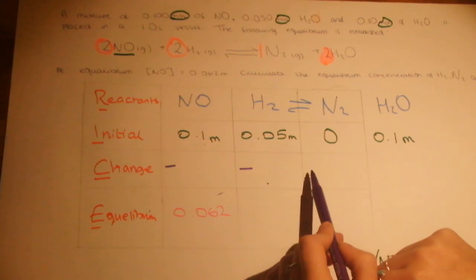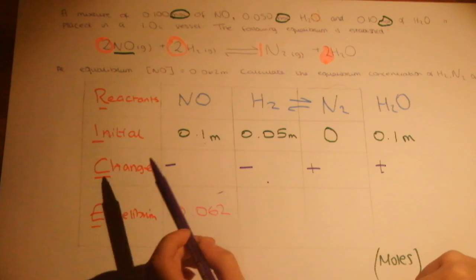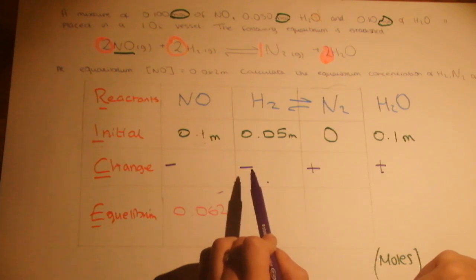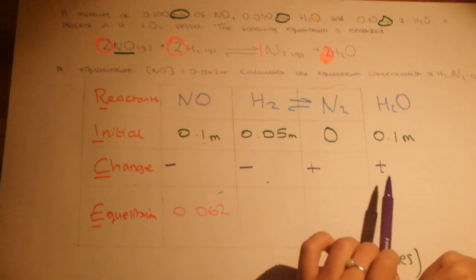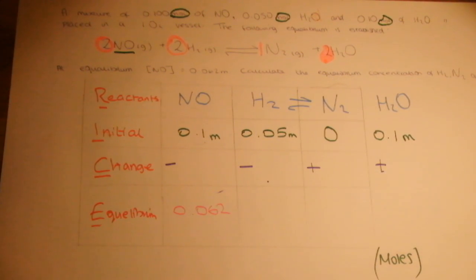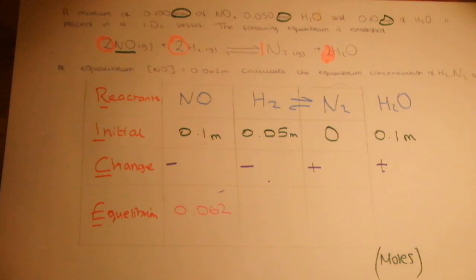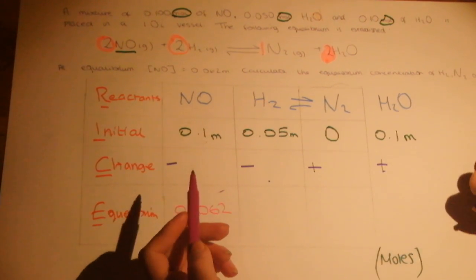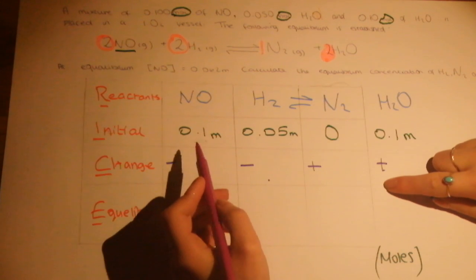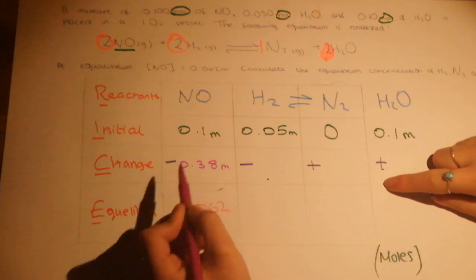So that also means that products will always increase. So before you do that, reactants are always negative, it's losing a number, and products are always increasing. So you would go 0.1, take away 0.062, and that is 0.038 moles. So that's the change.